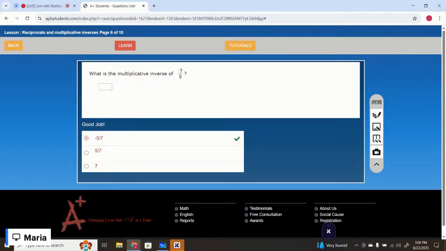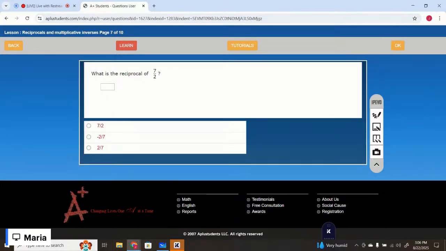Option number 1 is the correct option. What is the reciprocal of 7 over 2? That is 2 by 7. Option number 3 is the correct option.